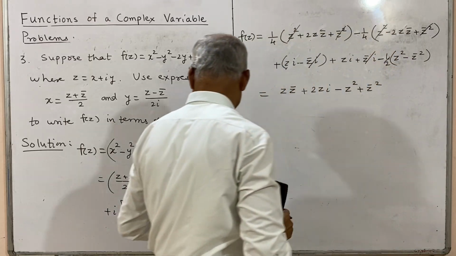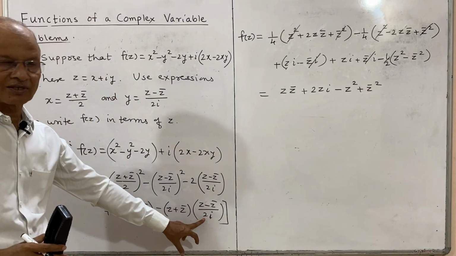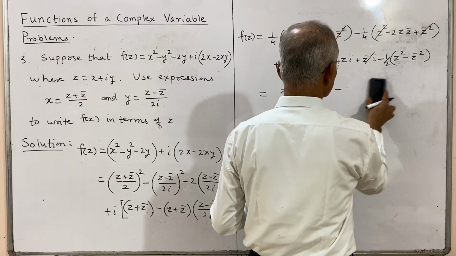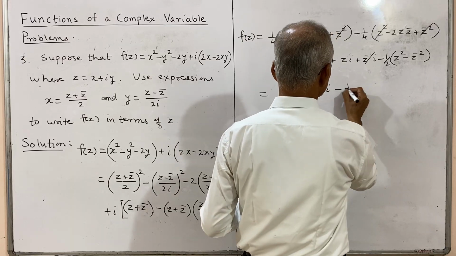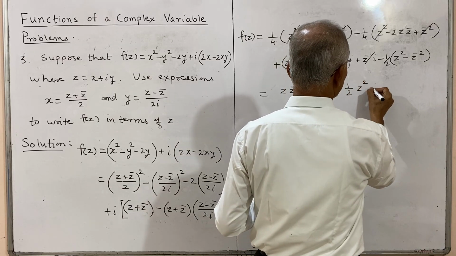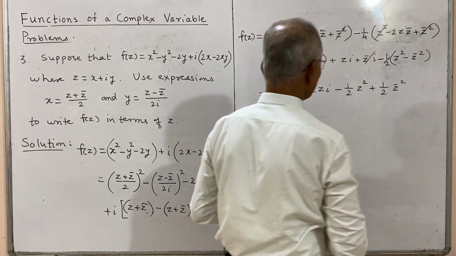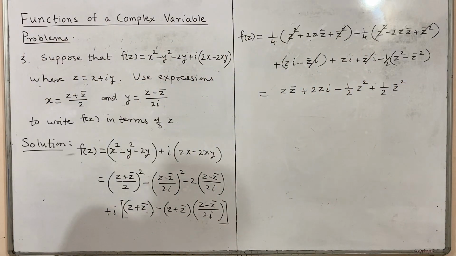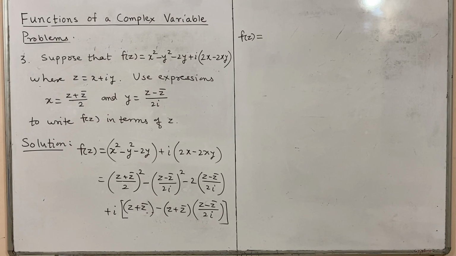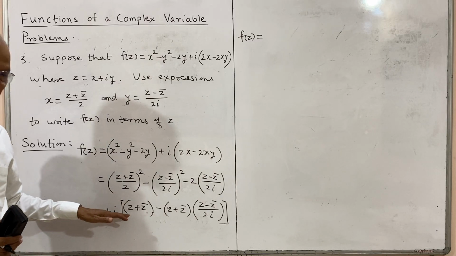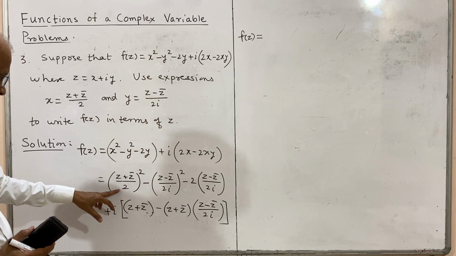Note this, I have forgotten this half, and now this is minus half z square and plus half z bar square. So I am sorry, I have made a mistake in simplifying this expression, and we shall correct it.